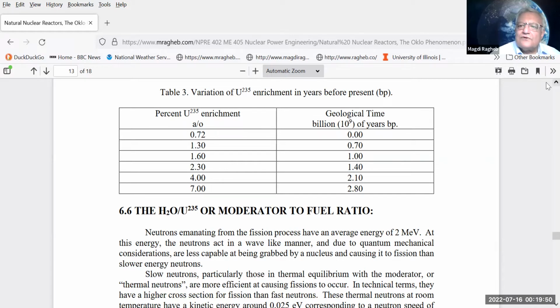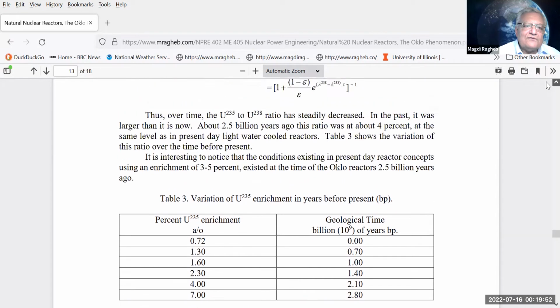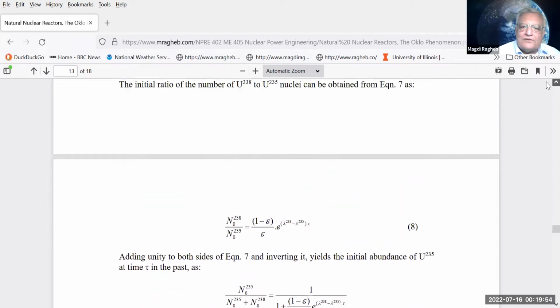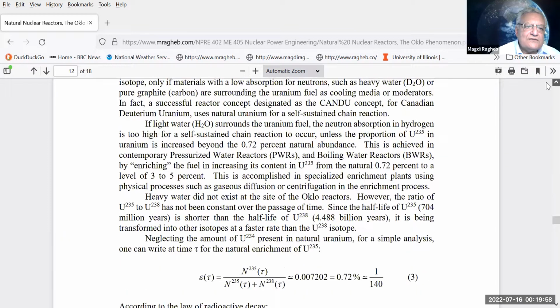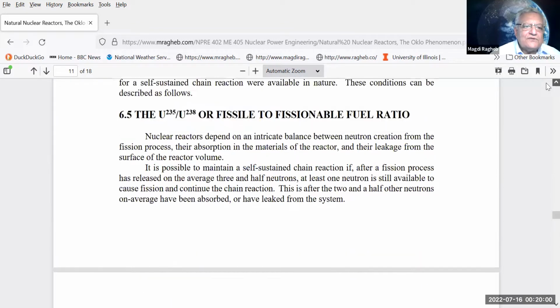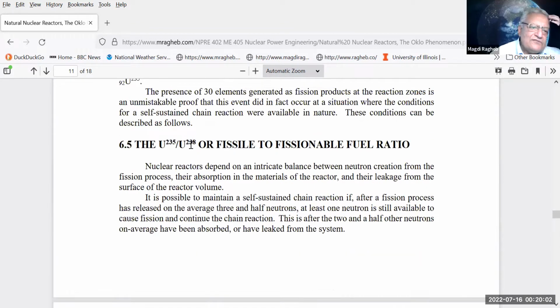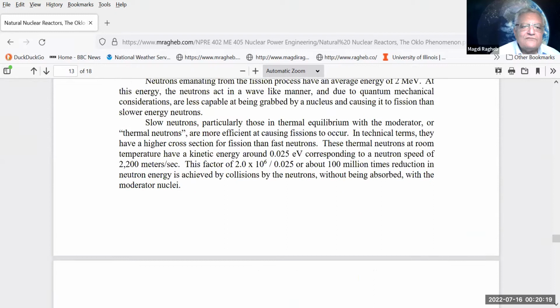So the enrichment level is one of the very important parameters for us to get a self-sustained chain reaction. We describe it as the uranium-235 to uranium-238 ratio, or the fissile, because uranium-235 is fissile with zero energy neutrons. Uranium-238 can only fission with fast neutrons, preferably in the range of 14 million electron volts.